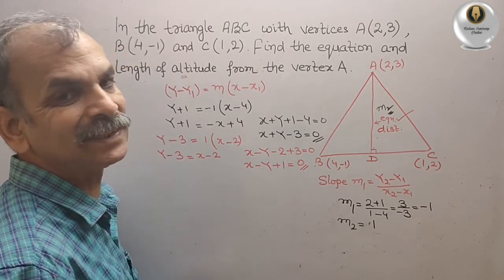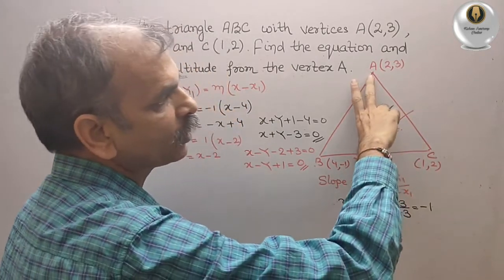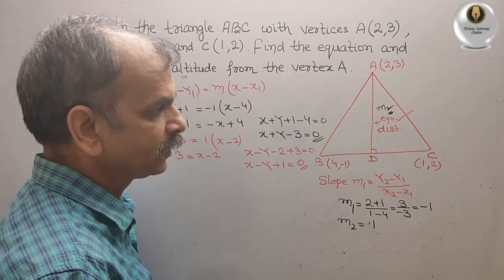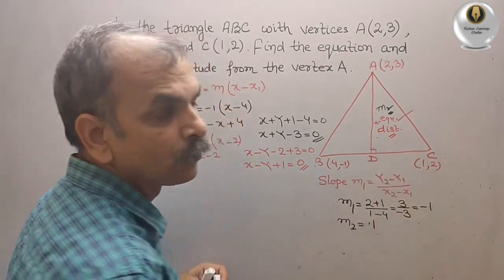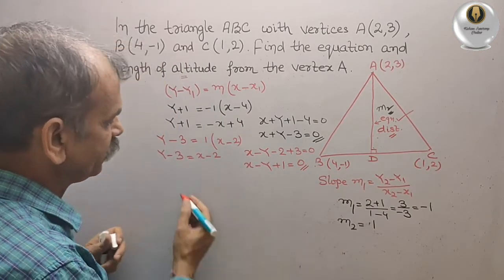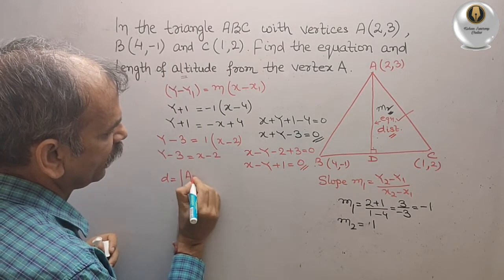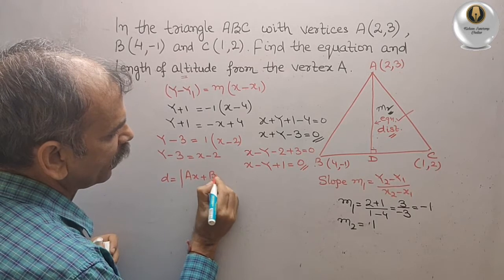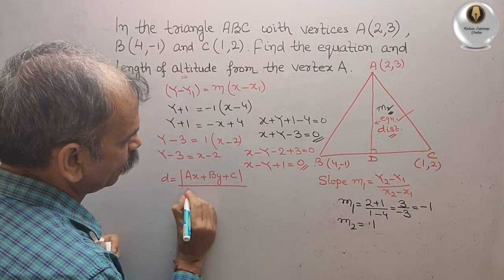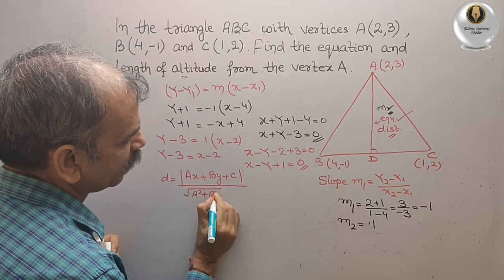Now we will find out the distance between this equation and the point (2, 3). Then only we will get the distance. So how we will get it? We know that D is equal to modulus of AX plus BY plus C by root over A square plus B square.